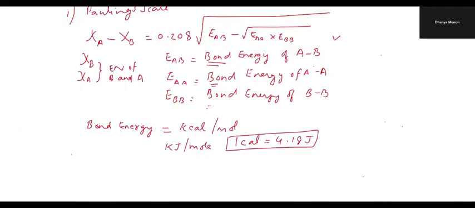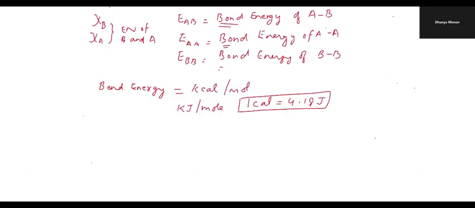Or in case the bond energy is given in kilojoules per mole, you can do one more thing. What you can do is Xi A minus Xi B. I'll write in another color.